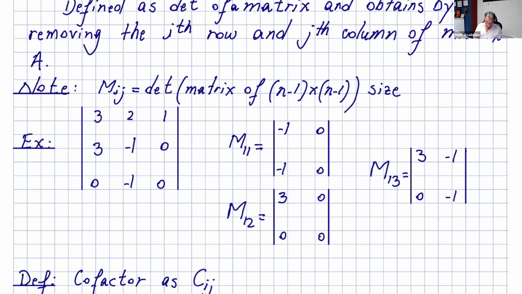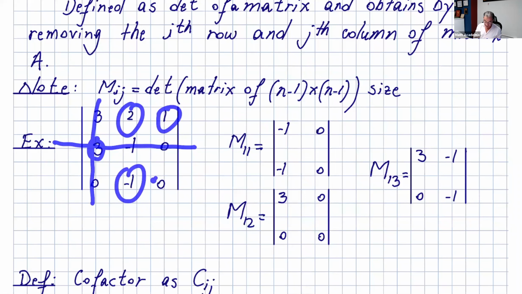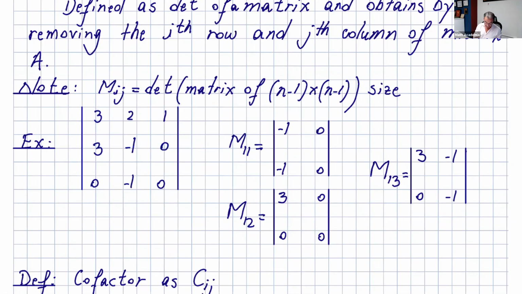If I say M22, M22 is this position, so you can just hide them, and you're going to be left with this number. That's why we said if this is a 3 by 3 matrix, then those determinants are just the determinants of 2 by 2 matrices. That's why here it says n minus 1, n minus 1.